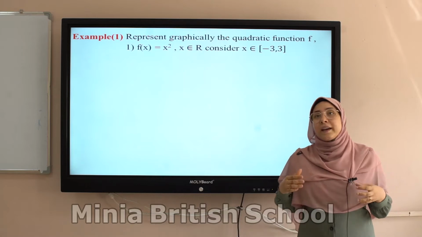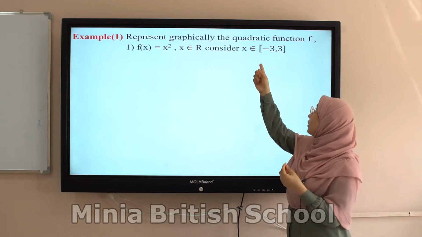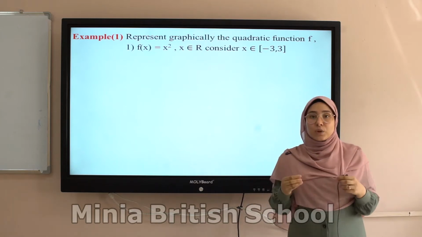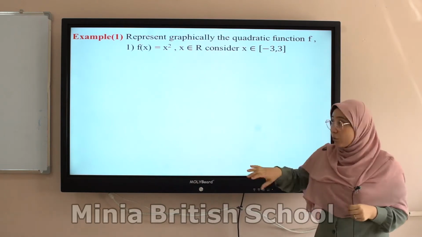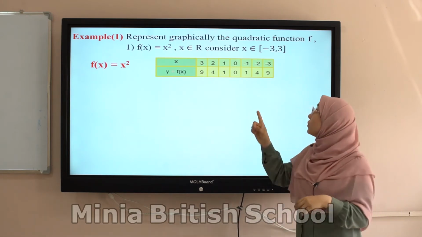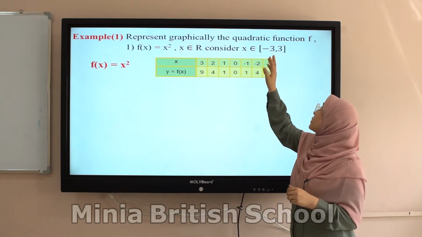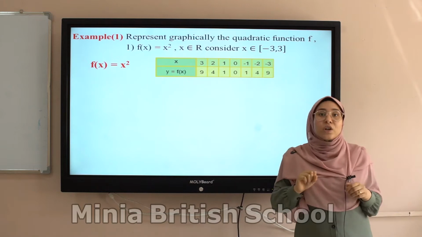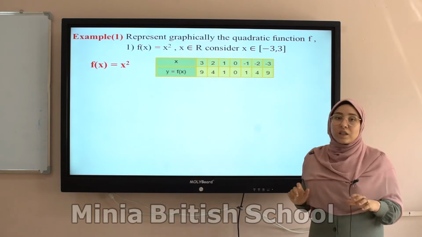I can substitute any value of x, but to make it easy, I will substitute integer numbers which belong to this interval. So the integers are 3, 2, 1, 0, -1, -2, -3.